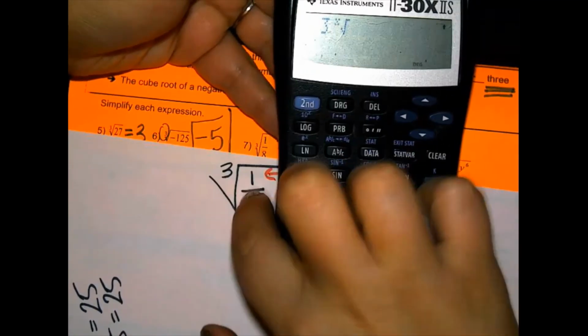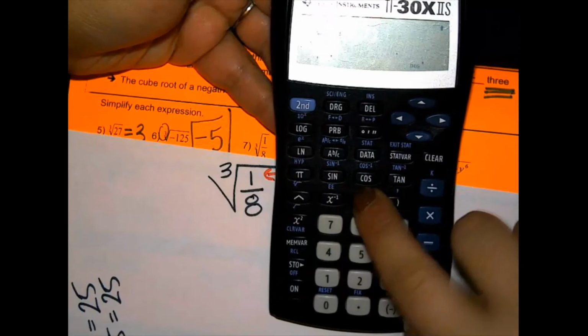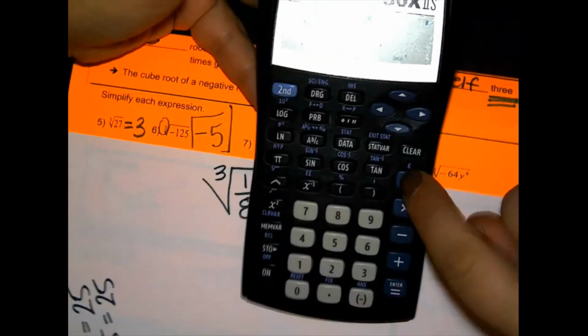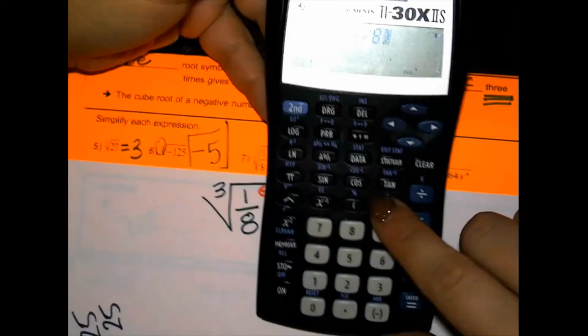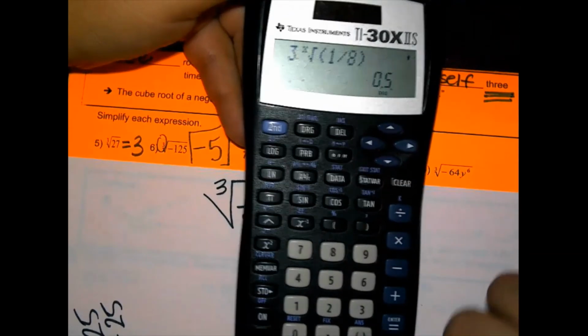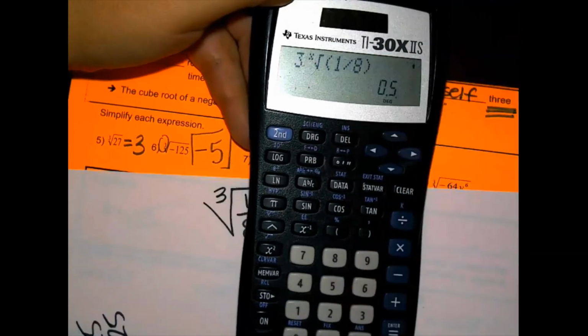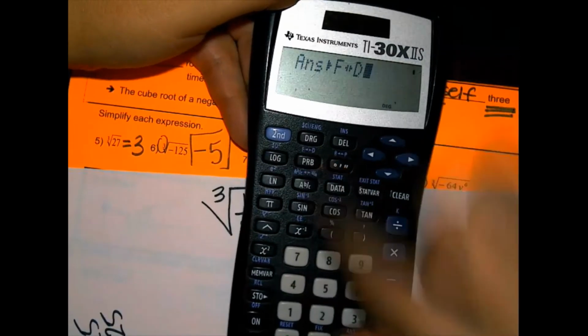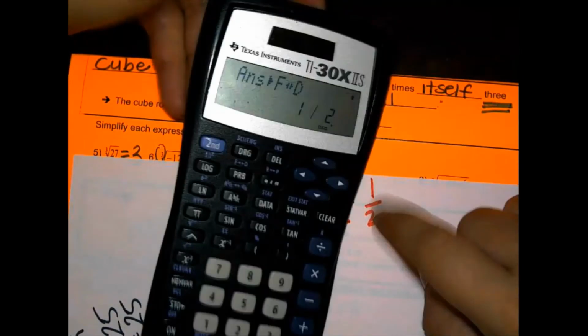Because there are 2 numbers in the radical, you want to use parentheses. If you use the divide bar for 1/8, you get an answer as a decimal, because it means divide. It actually divided the 2 numbers. If you convert it to a fraction, 0.5 is 1/2, the answer we got here.